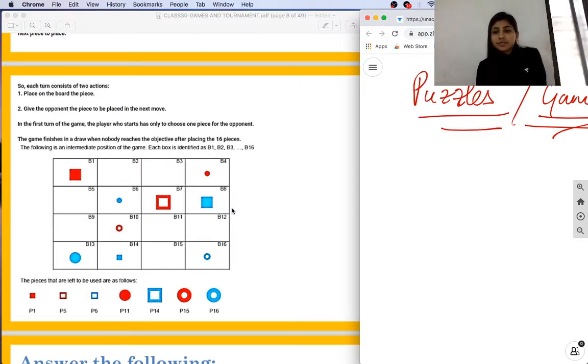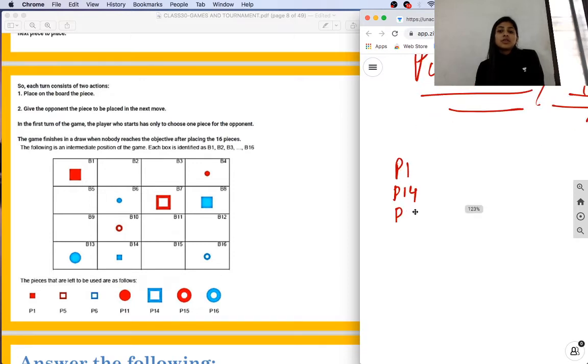Write the options here. P1, P14 or P15. Which one should you give to your friend to confirm a win?